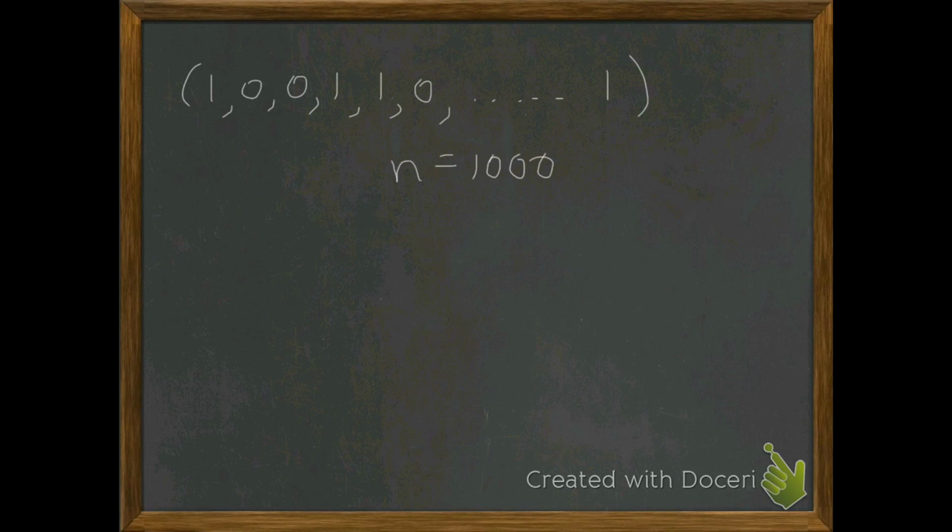So our best estimate of theta will be the sum of the y sub i's divided by n, which would be precisely equal to the proportion of ones that we have in our data set, in the measurements that we've collected.